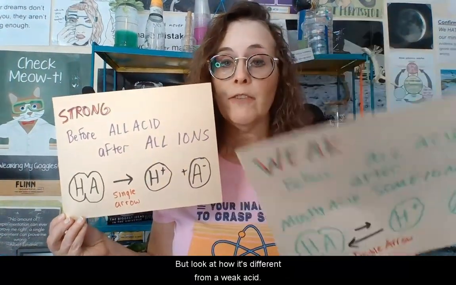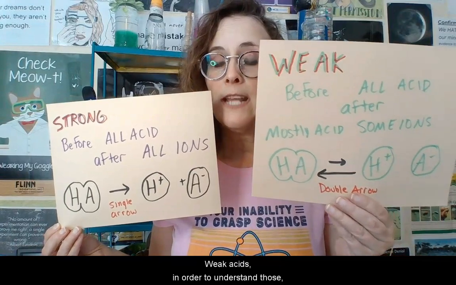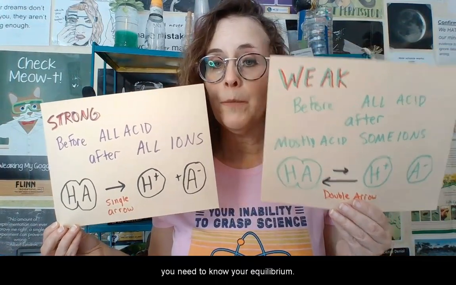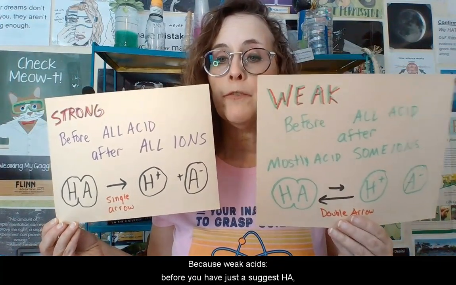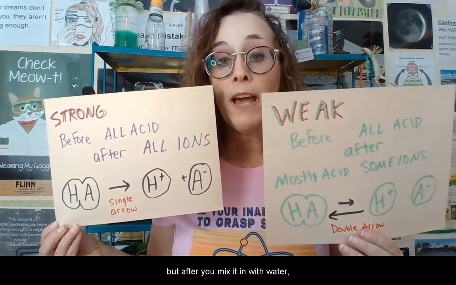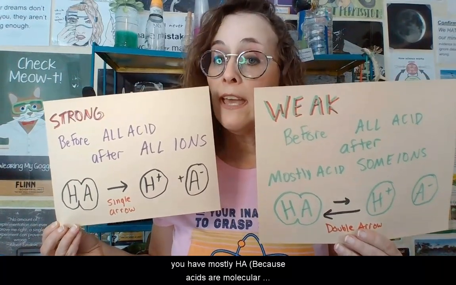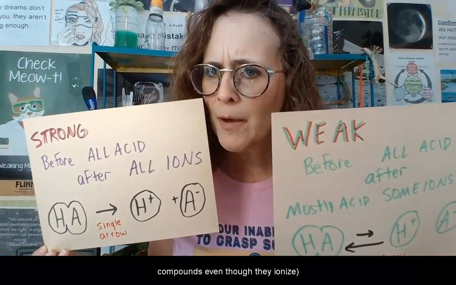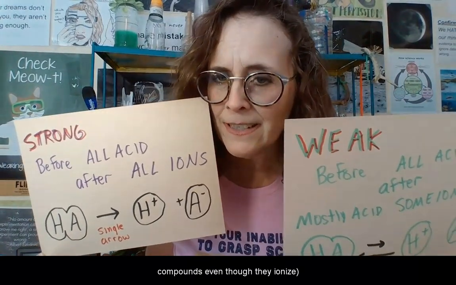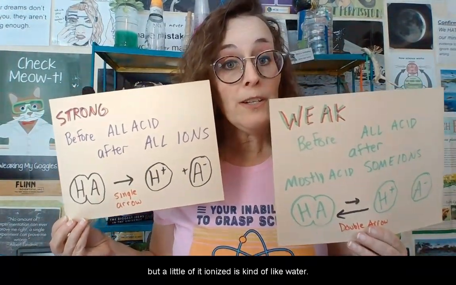But look at how it's different from a weak acid. Weak acids, in order to understand those, you need to know your equilibrium, because weak acids, before you have just acid, just HA, but after you mix it in with water, you have mostly HA, because acids are molecular compounds even though they ionize. But a little of it ionizes, kind of like water.